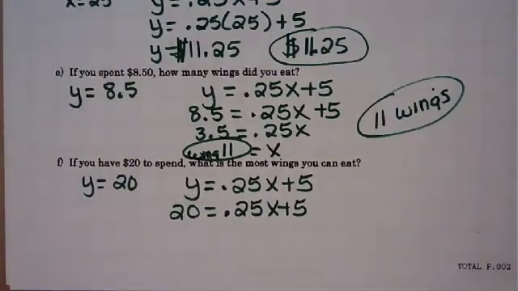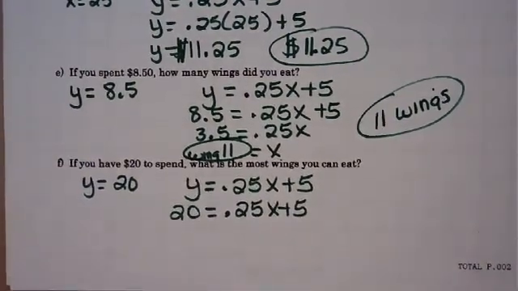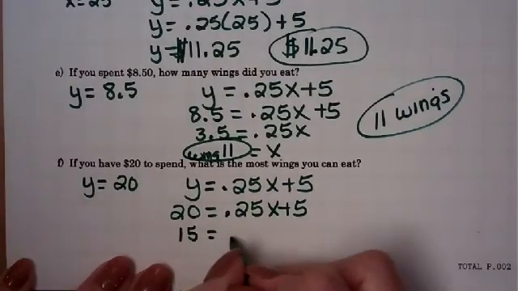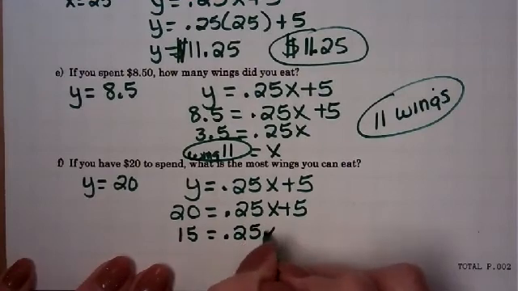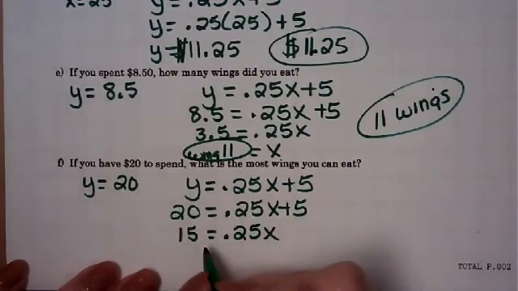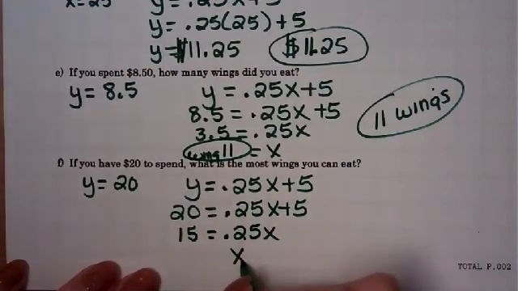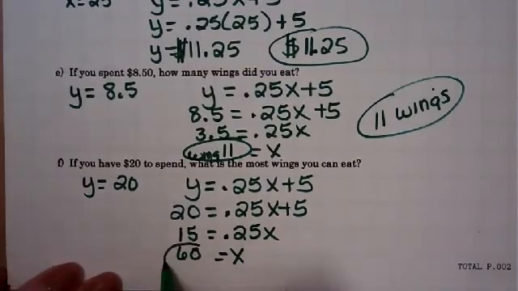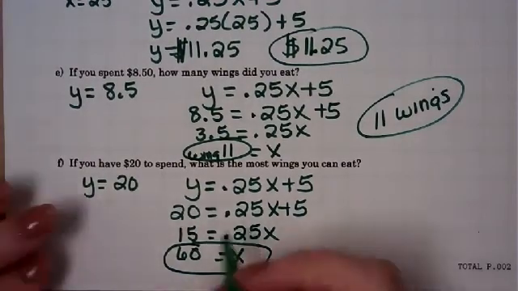Okay, just putting it in place of the y. Now, solving for x, subtract your 5. So I got 15 equal to 0.25x. If I divide that, I've got x equal to 60. Oh, I bet you bought wings for other people too. I don't know, too many people could eat 60 wings.